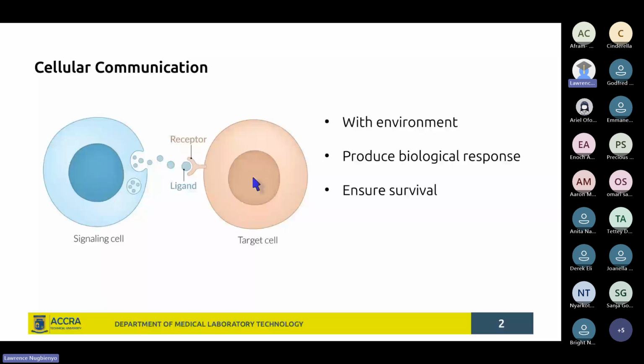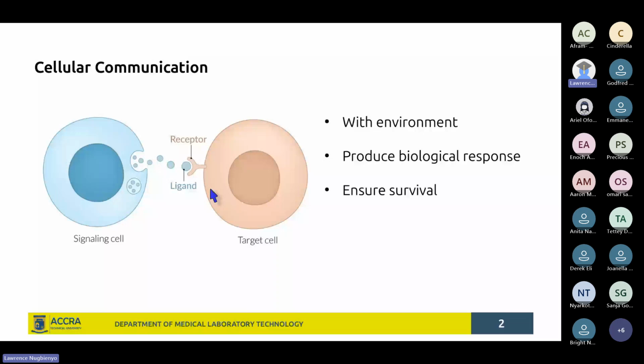Or maybe the ligand itself, if it is lipophilic, because you know the cell membrane is a phospholipid bilayer, and so if the ligand is soluble in lipids, then that ligand will be able to pass through the cell membrane and go into the cytoplasm, bind with a receptor inside the cell, and then will activate some biological response to whichever stress it is responding to.